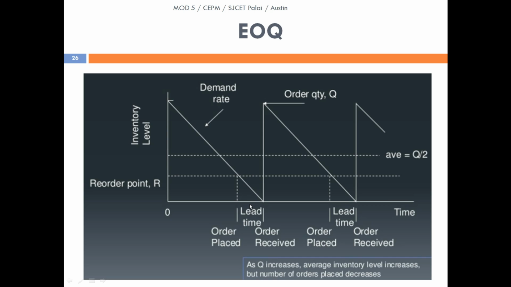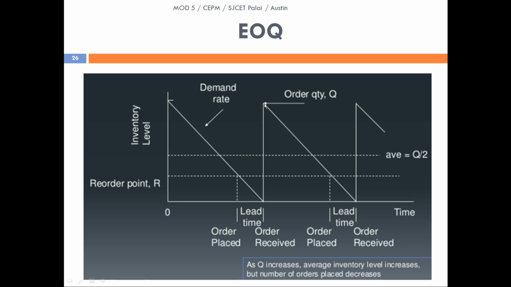So it involves many things like tendering processes, other processes of receiving the order, initiating the processes like that, but all the time which is incurred between the order placed and order received is said to be the lead time. So if you see here, the inventory level has degraded and reached nearly 0, then the order is received, then the inventory level again rises back to the higher level.